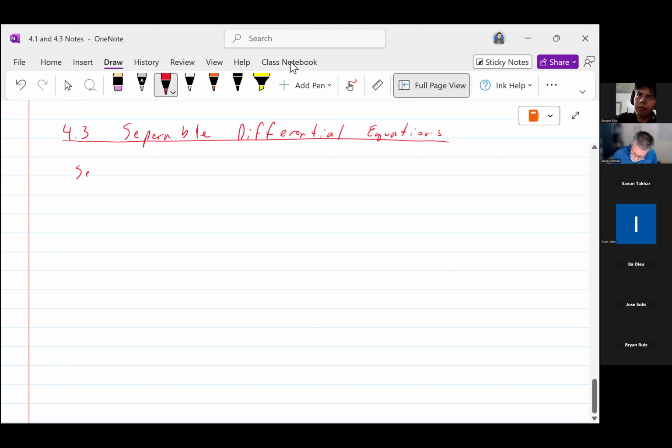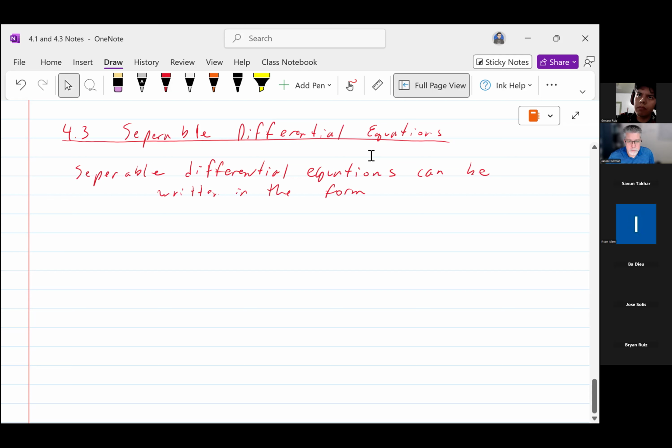Separable differential equations can be written in the form dy over g of y is equal to f of x dx.